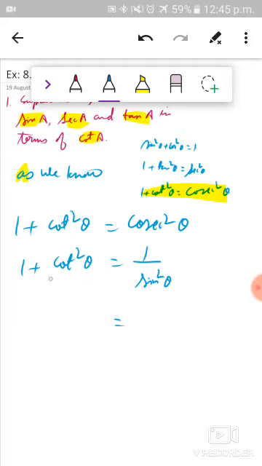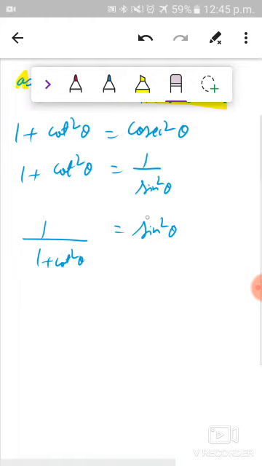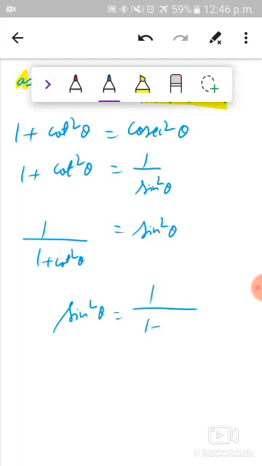Reciprocal both sides, so that will be 1 by 1 plus cot square theta, and here it will be sin square theta. You can imagine this in your mind. This I can write: sin square theta is equal to 1 by 1 plus cot square theta.